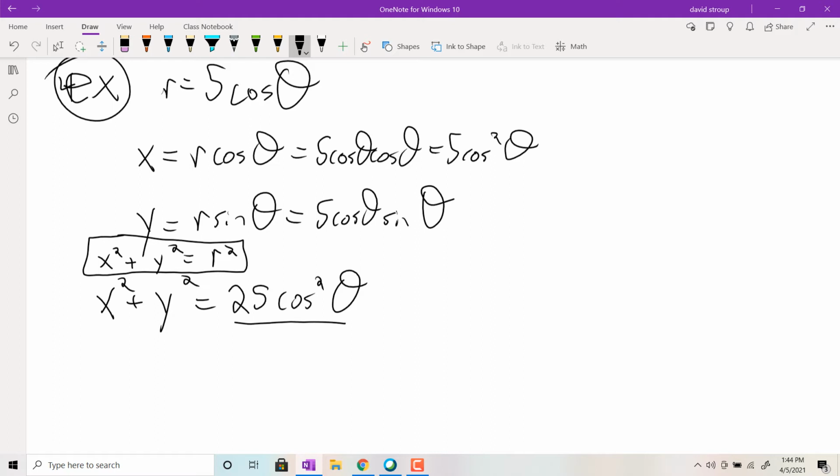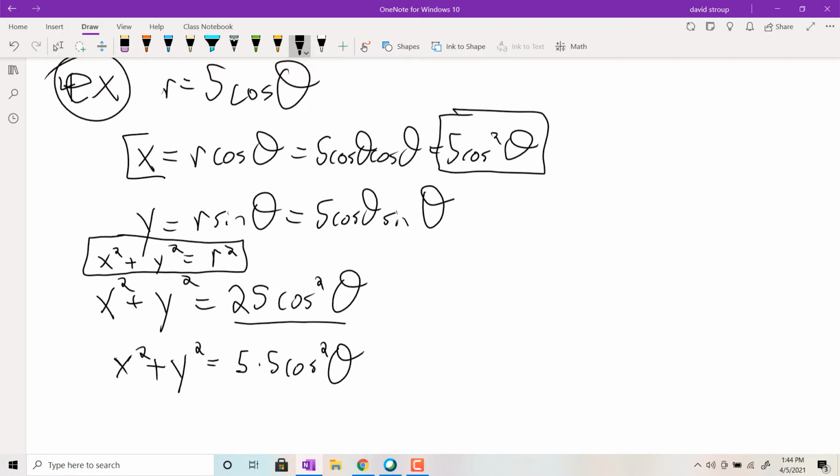We need everything in terms of just x and y. So we have to do something, and it turns out you can rewrite this and see what you need to do. If you rewrote it as x squared plus y squared equals 5 times 5 cosine squared theta, that's kind of the trick there, right? Because 5 cosine squared is just x.